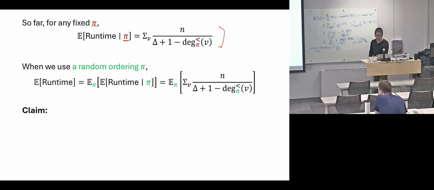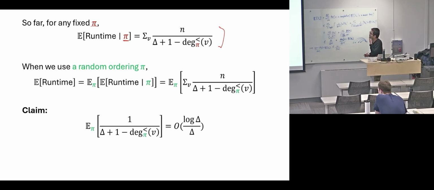Now my claim is that it's not too hard to show that 1 over this thing is just going to be something like log delta over delta.